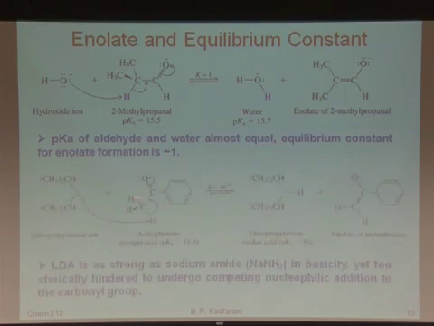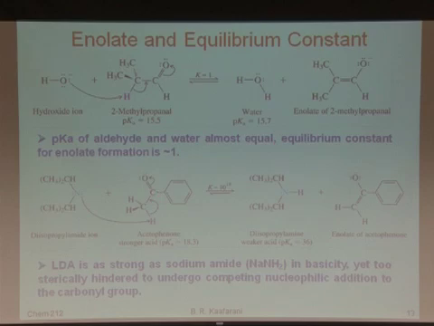While if you have a ketone and you want to deprotonate it, to form the enolate, you need to use a much stronger base. You use LDA, and then you can generate the enolate quantitatively. The K, the equilibrium constant here, is 10 to the power 18. And as I also said earlier, LDA is sterically hindered, so you do not have nucleophilic attack between the N minus and the carbon.